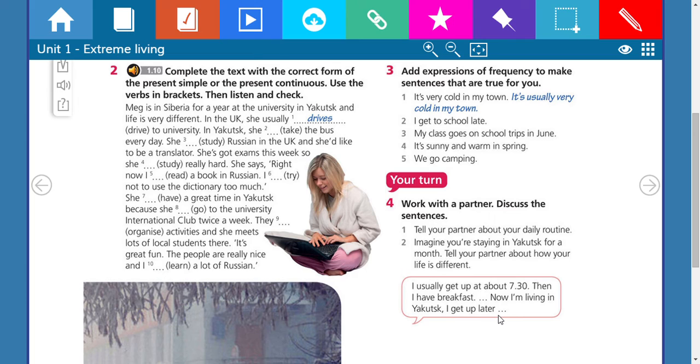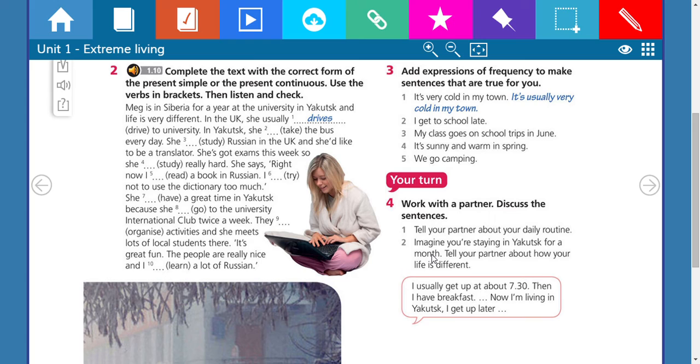For example, I can say, I usually get up at 6 o'clock, then I have breakfast at, I don't know, 8. Now, I'm having classes with the teacher Alan. Then I have lunch, it's a possibility. And in the afternoon, we are playing soccer with all the seminarians. No, and you can continue this routine.